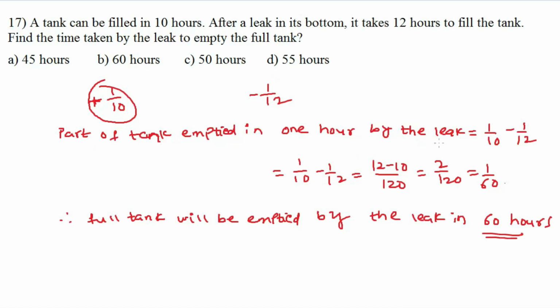A part of tank emptied in 1 hour by the leak is 1 by 10 minus 1 by 12 equal to 1 by 60. 1 by 60 part of the tank will be emptied in 1 hour by the leak. Therefore, full tank will be emptied by the leak in 60 hours. Option B.